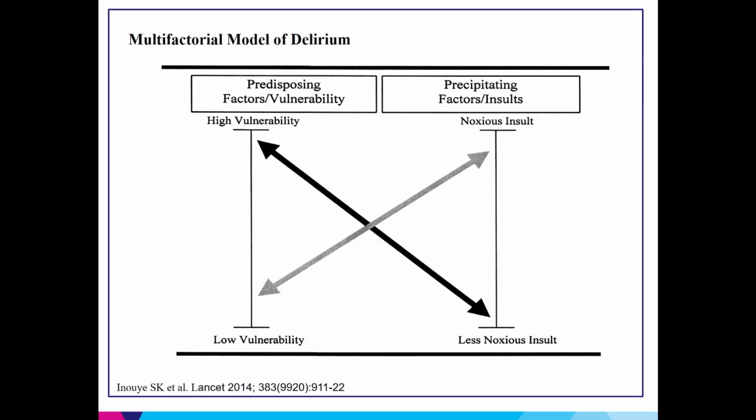In this case, we identify that a patient with multiple predisposing risk factors, or who is deemed highly vulnerable, it will take a less noxious stimulus to precipitate a delirium. Likewise, for that patient with low vulnerability and few risk factors, it'll take a pretty severe and complex medical condition to precipitate that delirium.